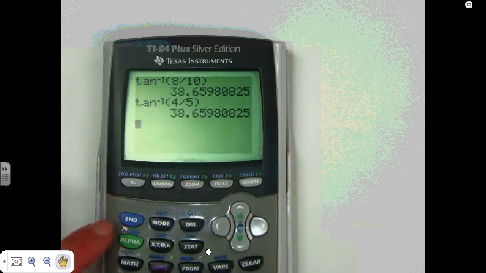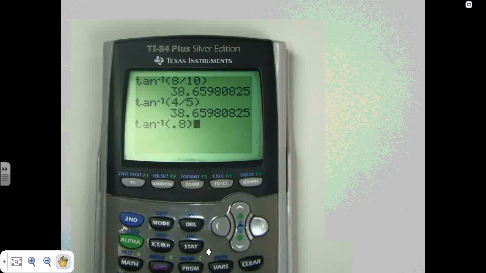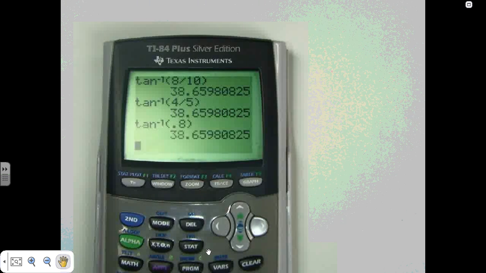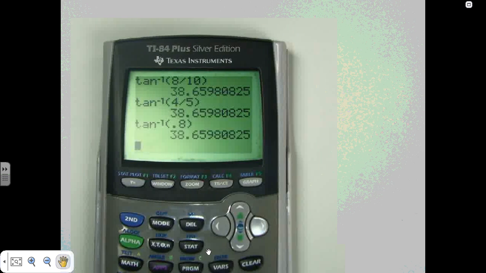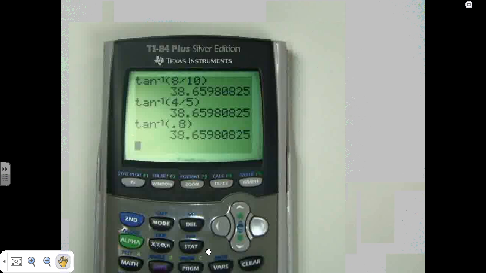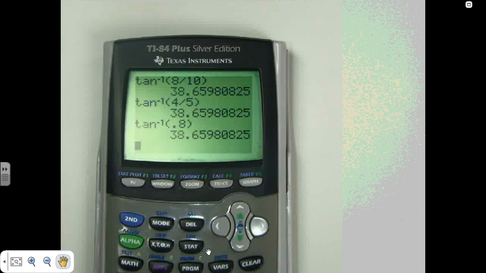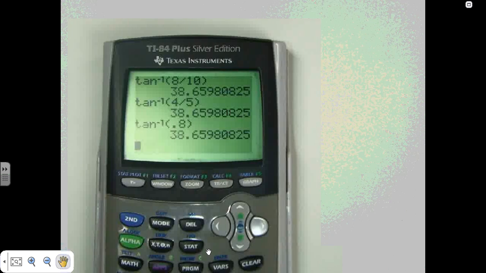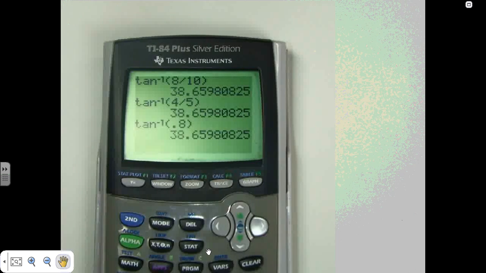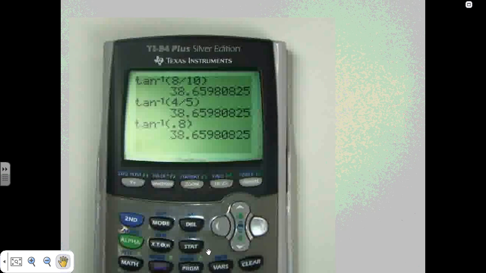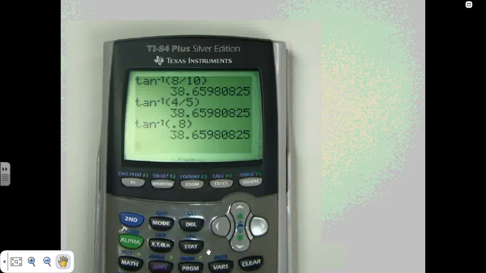Or if you did tangent inverse of the decimal, if you call it 0.8, it's going to give you the exact same angle. So it doesn't matter whether we use the original fraction, whether we use a fraction in simplified form, or whether we use a decimal. All three of those take us back to the exact same angle of 38.7 degrees. So what does it say to write it as?